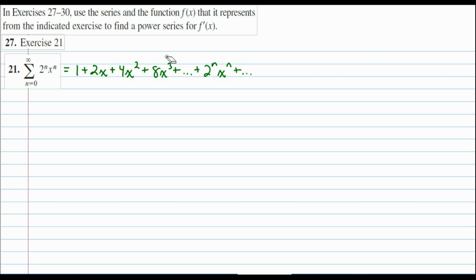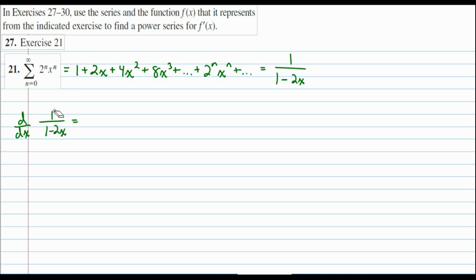That is a geometric series. The first term is 1, and the r value is 2x, actually. Each one gets a new 2 and a new x. So that's going to have the formula 1 over 1 minus 2x, which is a little bit different than 1 over 1 minus x. Keep in mind what kind of change happened there. So let's find the derivative.